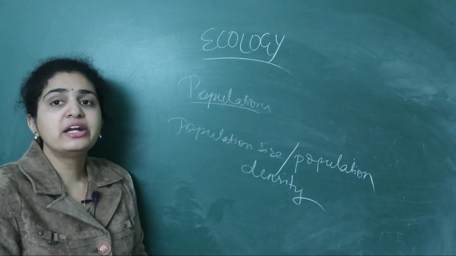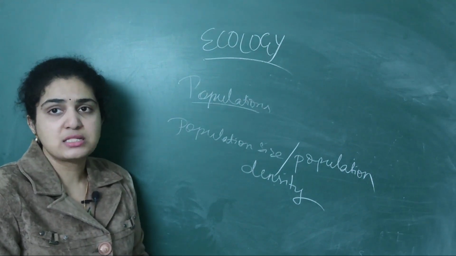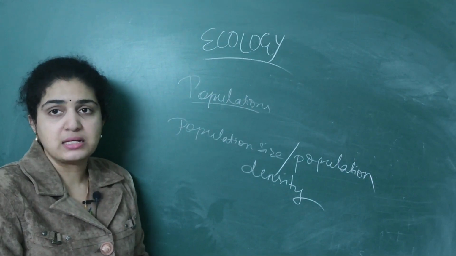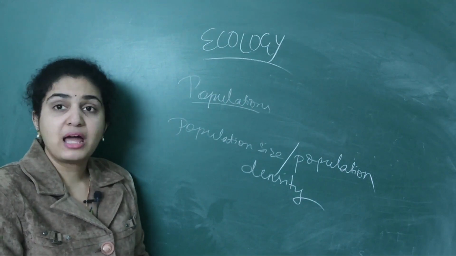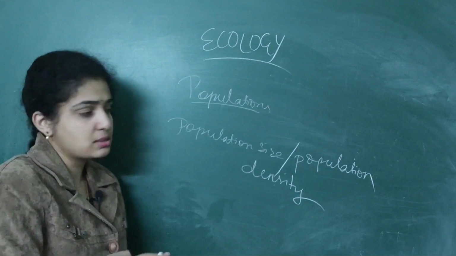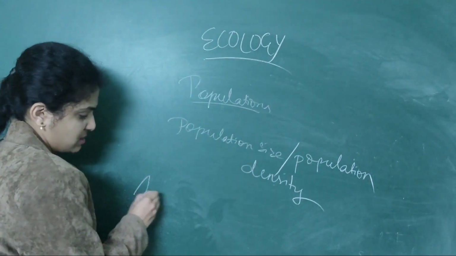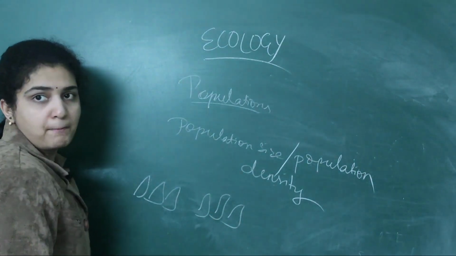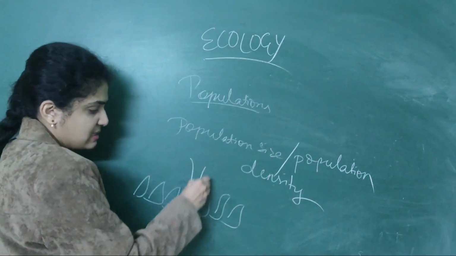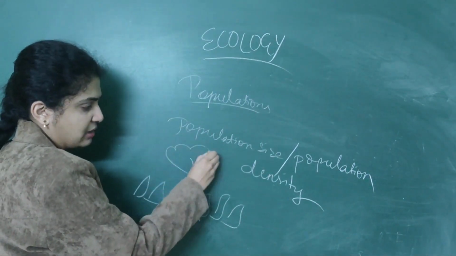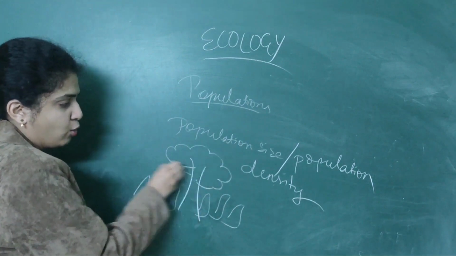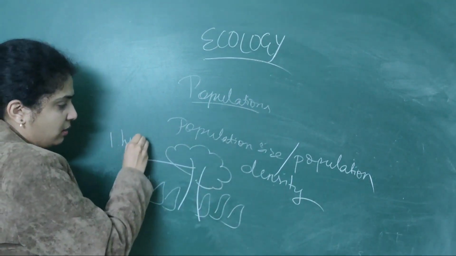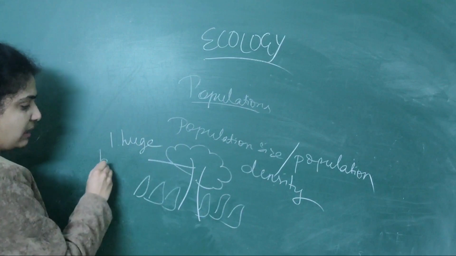There are 200 Parthenium plants. Very small plants, 200 are present in a specific area. But a single huge banyan tree is present here. Only one huge banyan tree.